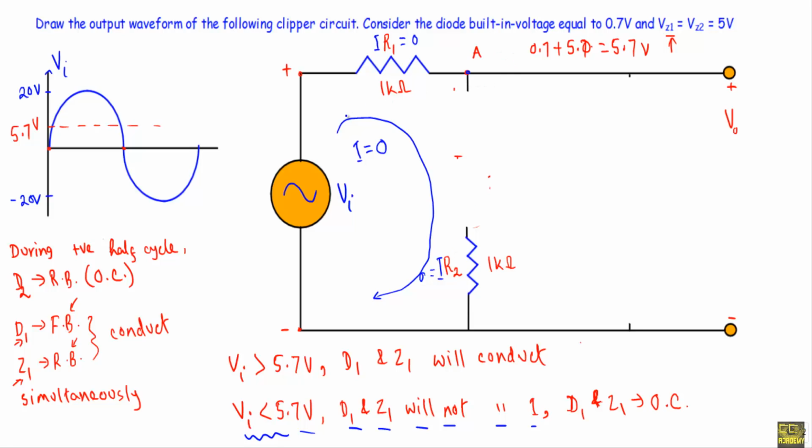Therefore, you will see there will be no voltage absorbing element in this circuit while Vi is less than 5.7 volt. That means as long as Vi is in this portion, our output voltage will be equal to Vi, or Vo follows the input voltage Vi, or Vo has the same wave shape as the input voltage Vi.